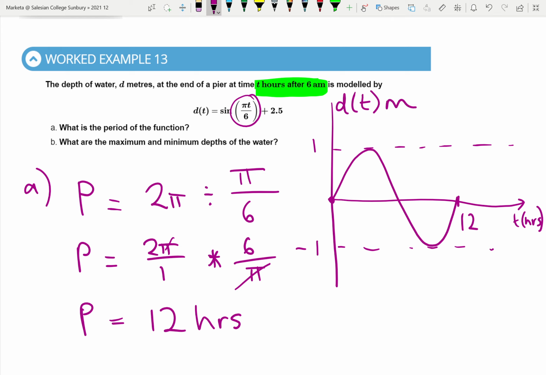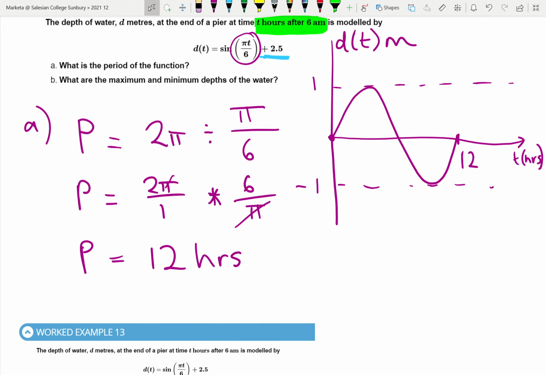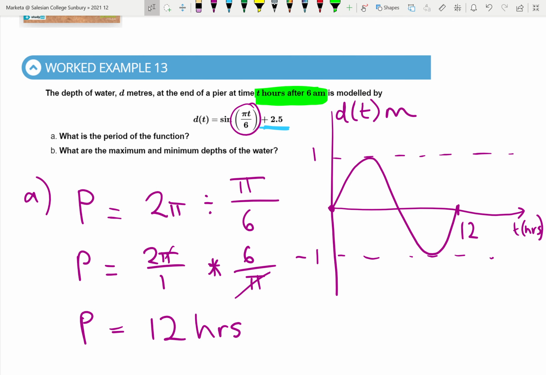So now the next bit would be my vertical shift going up by 2.5 units. So I'm going to put that on now as well, and actually I'll do it on the same graph, otherwise I'll run out of room. So now I'm going to be adding 2.5 to all my values. So here's a 0, and we're adding 2.5 on the 1 and 2.5 on the -1.